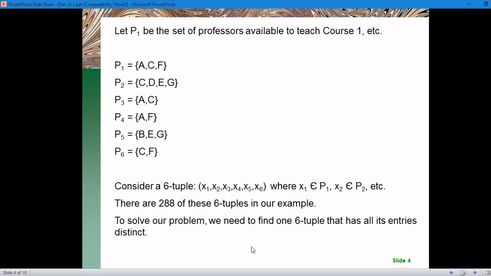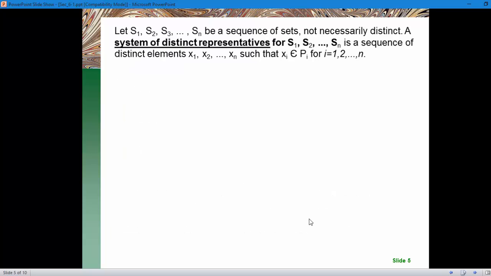And you can see how we model that problem into a problem of finding a tuple with all of its entries distinct. That's actually how we call these tuples. A tuple that has entries that are distinct is called a system of distinct representatives, an SDR for short. So in general, the definition is this.